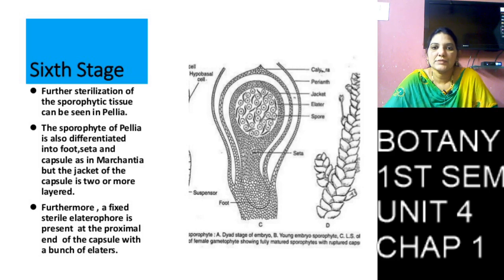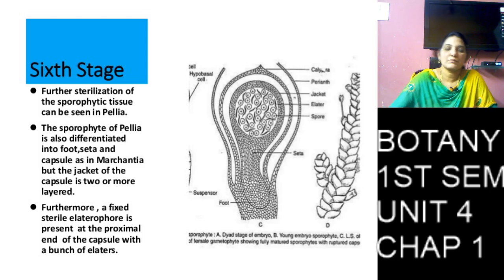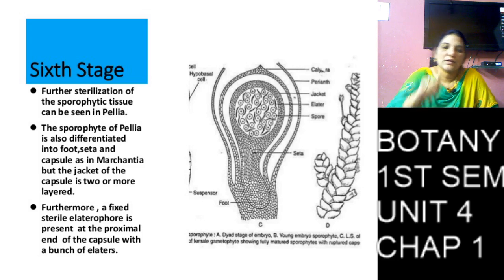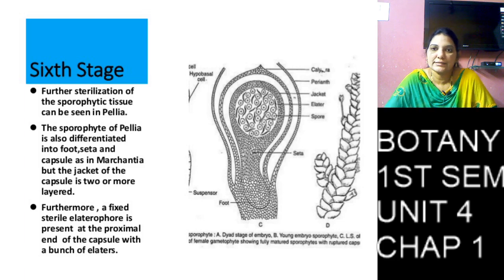Then, after Marchantia, next coming to Riccia. The Riccia sporophyte is similar in shape to the Marchantia sporophyte, but it is also divided into foot, seta, and capsule. The foot is attached to the thallus and absorbs water and minerals and gives them to the capsule.